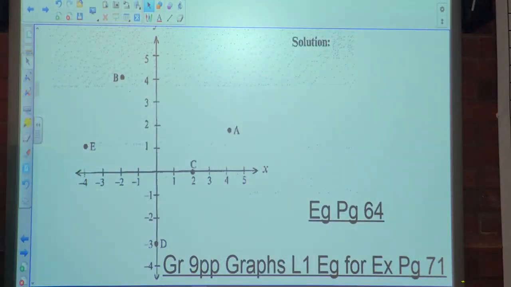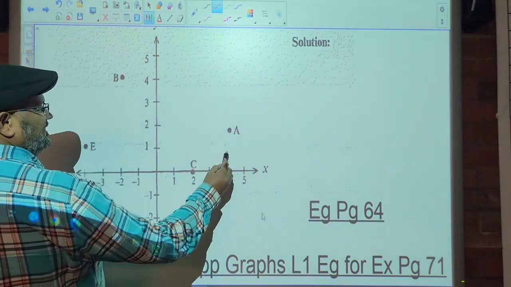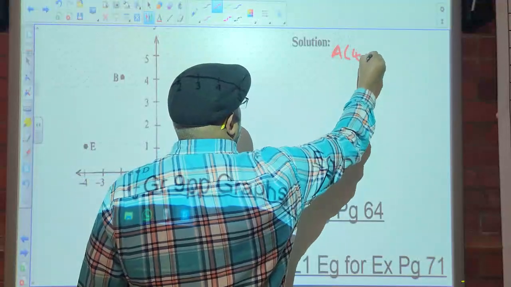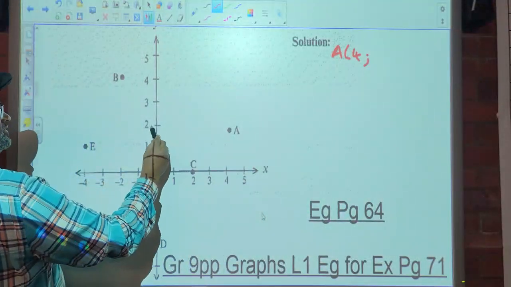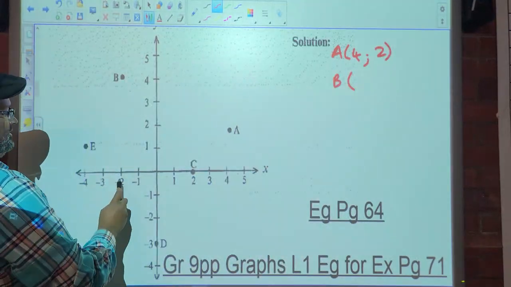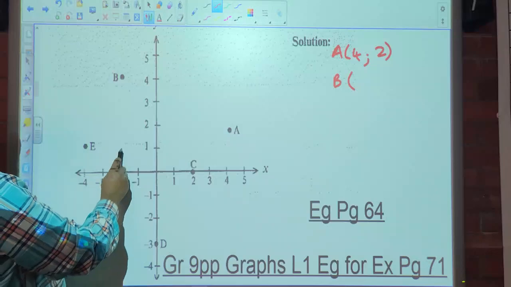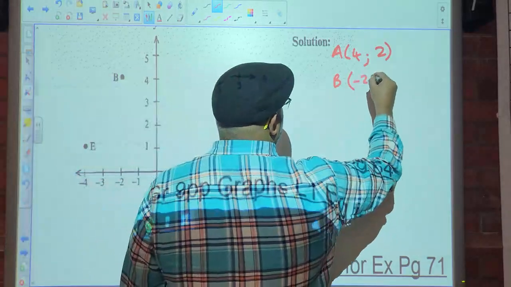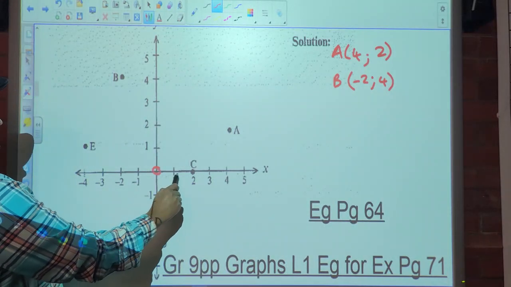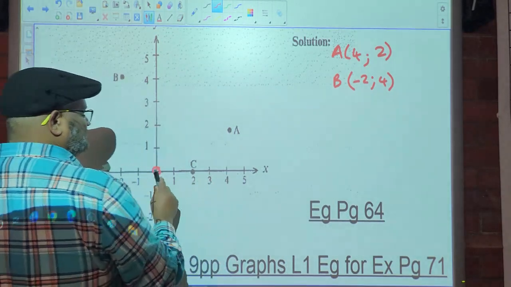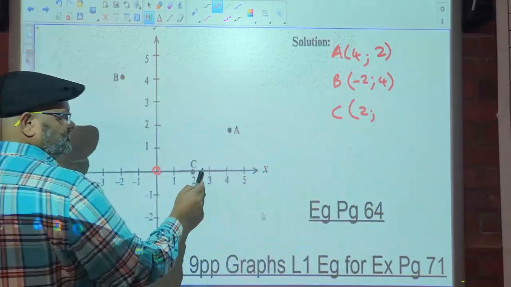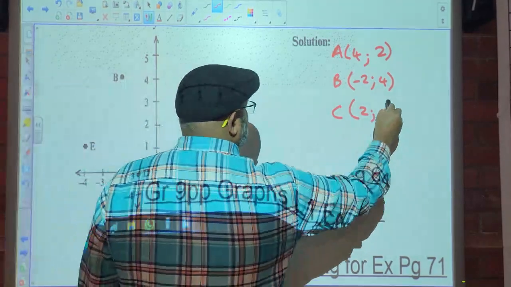Alright, so let's look at A. A corresponds with an x value of 4, so A is going to be 4 and a y value of 2. Let's look at B. There's an x value of negative 2 and a y value of... let's look at C. There's an x value of 2, as you can see it's on your x-axis, and the y value of 0.